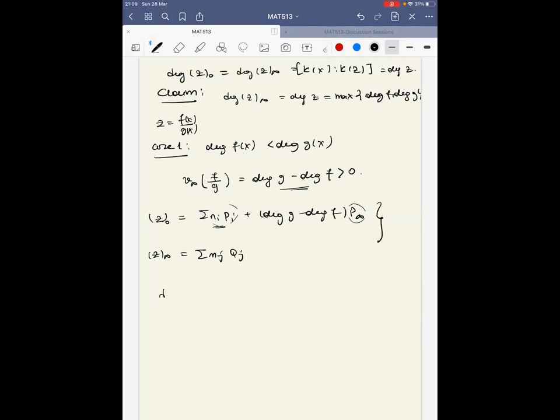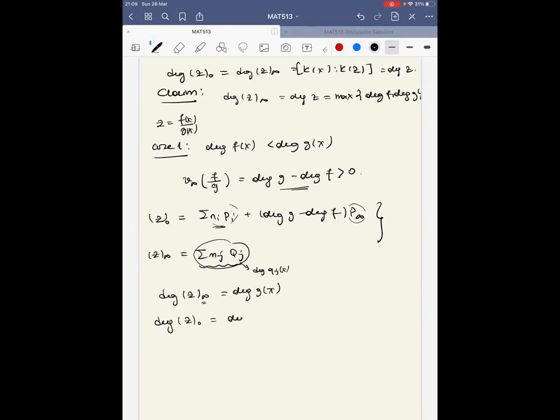And if we compute the degree of the pole divisor, this is indeed the degree of g(x), because the degree of the q_j's is the degree of the irreducible q_j's.